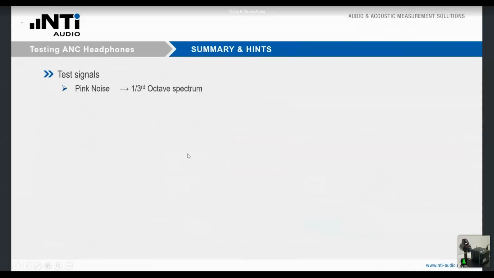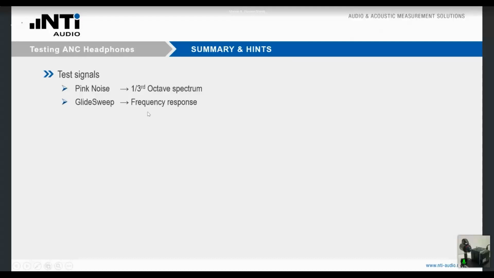Summarizing the key aspects, you have seen 2 test signals. The pink noise you just heard, for the third octave spectrum analysis for the attenuation, or in the beginning, the glide sweep, which you unfortunately could not hear, but it was used to determine the frequency response of the earbud.